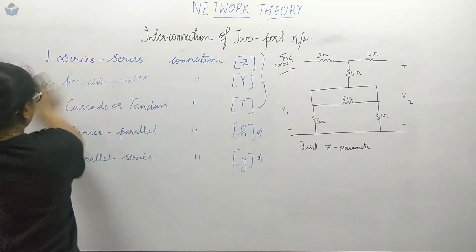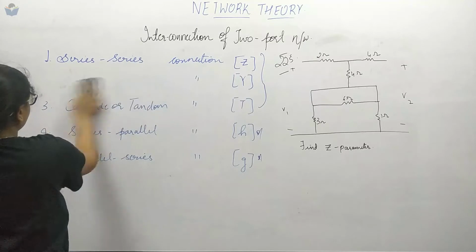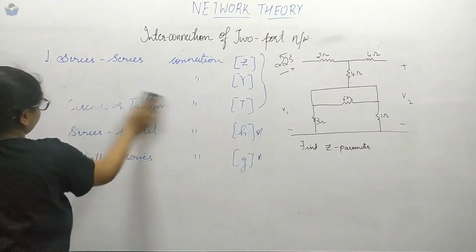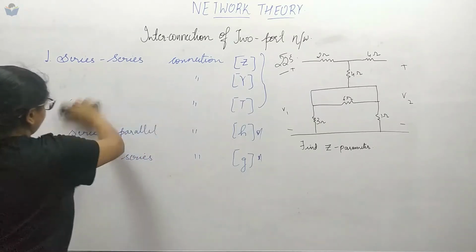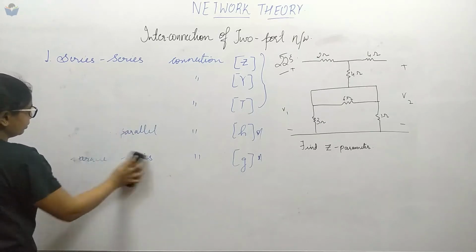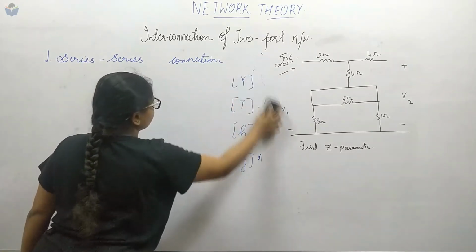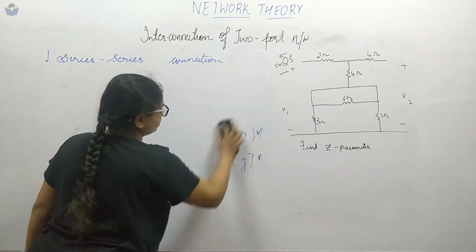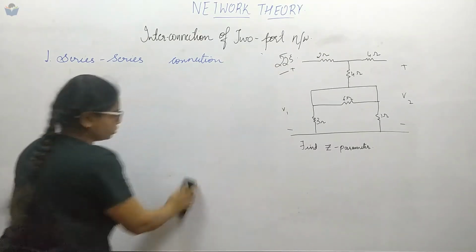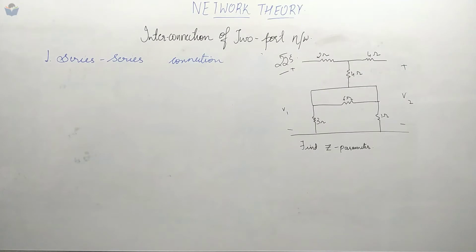How do you do it? Firstly, there is one two-port network circuit, which we will name A, and the second one we will name B. Both the ends will have the series connection.